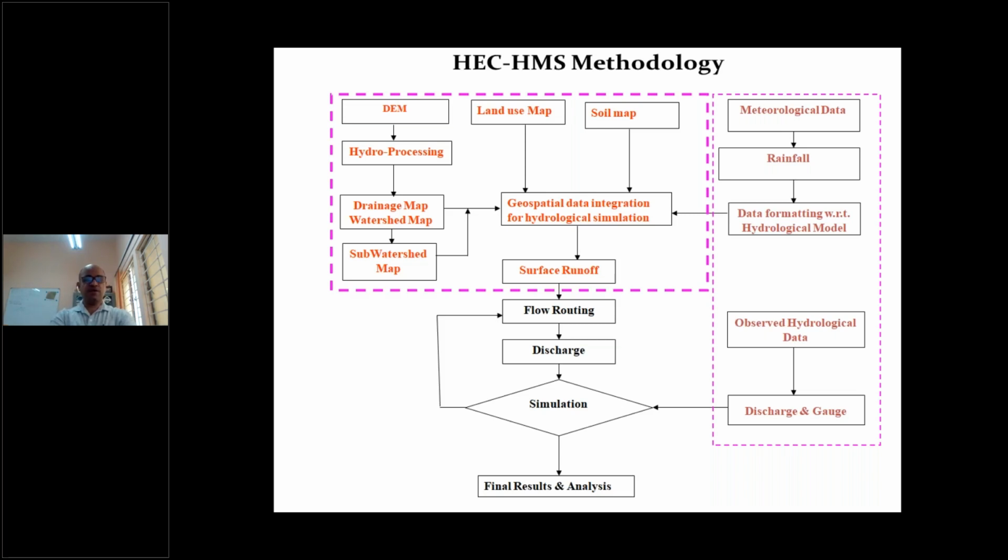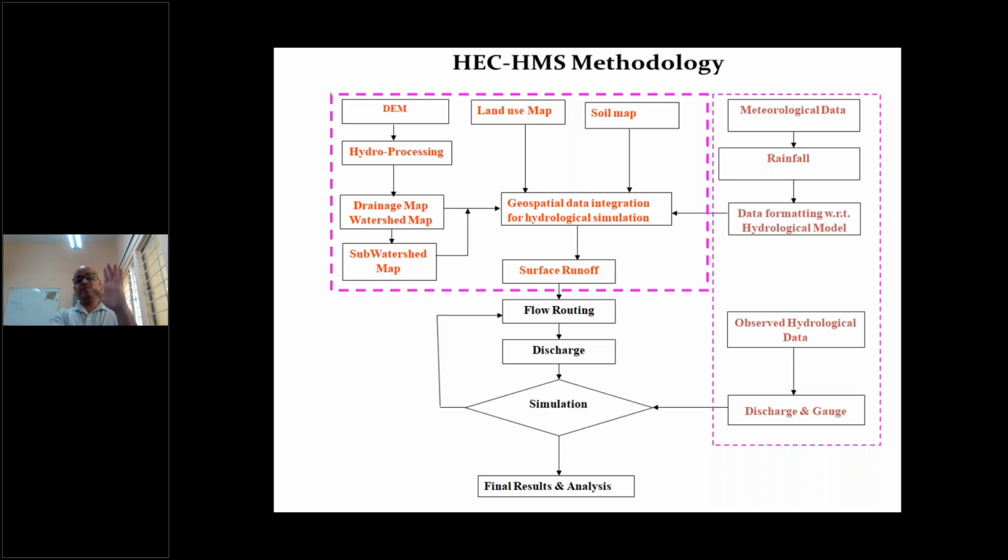That meteorological data could be remote sensing derived or geospatial data, or point scale data. After using the DEM, HMS calculates the watershed and its morphological characteristics. Then it assimilates land use, terrain properties, soil, and meteorological inputs to calculate surface runoff.